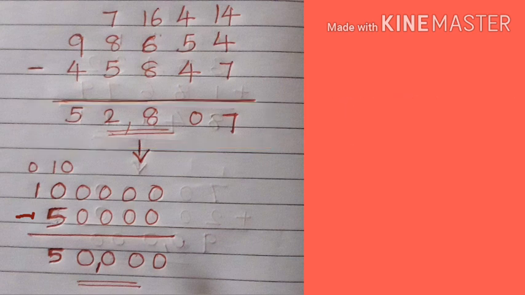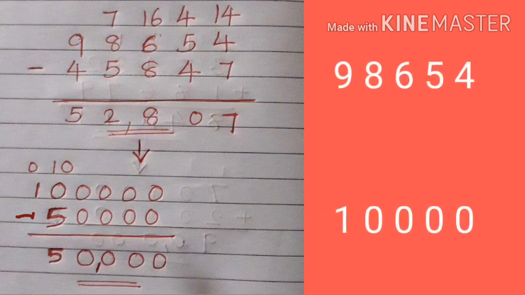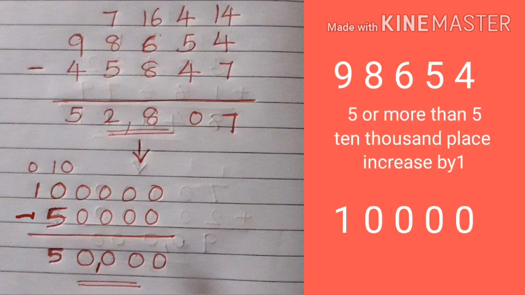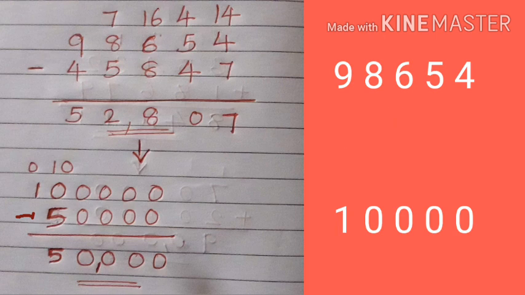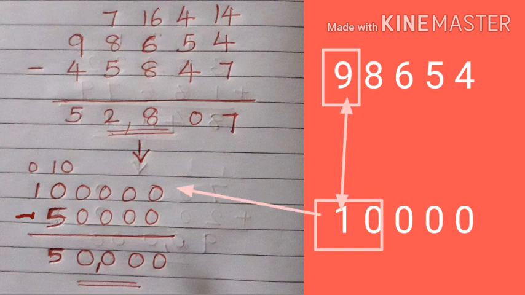Rounding the numbers, 98,654 in the 10,000s place. Here the 10,000s place is 9. So we look at the thousands place. The thousands place is 8. So it is more than 5. So the 10,000s place digit increases by 1. So 9 becomes 10. So we get 1 lakh.